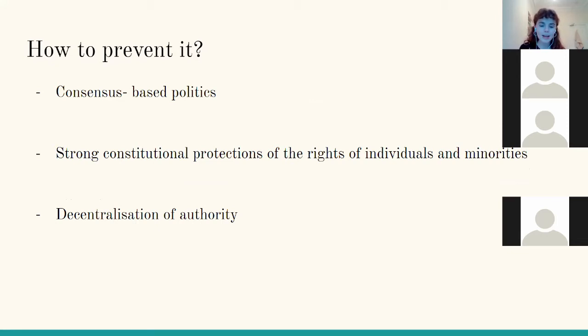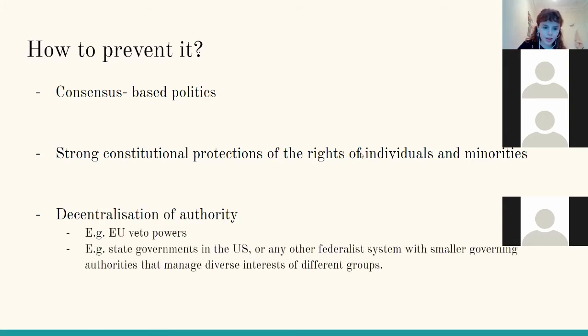It is also culturally important for people in the US to have a lot of autonomy on a state level for historical reasons, and also just because it's a political norm now. Yeah, so examples of this are EU veto powers. The EU is an example of a federal body where there's a lot of decentralized power, and also state governments in the US.